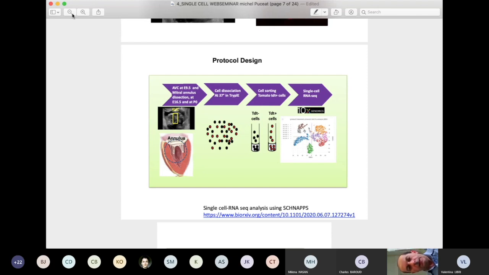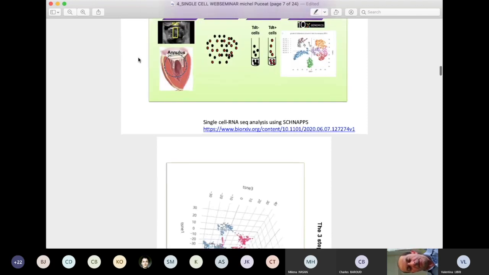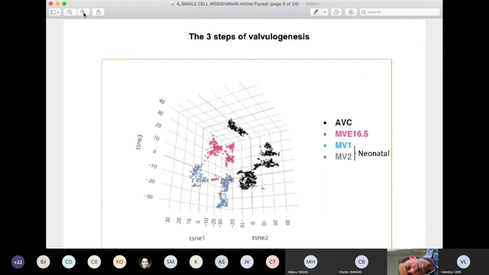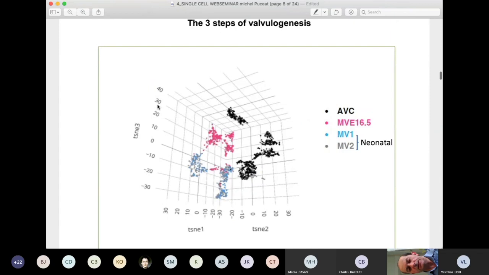The next slide shows t-SNE plots where you can see the samples from the different stages of valve formation. You see all these black cells coming from the AV canal at E9.5, the pink cells coming from the mitral valve at E16.5, and the blue and gray cells coming from the neonatal mitral valve.